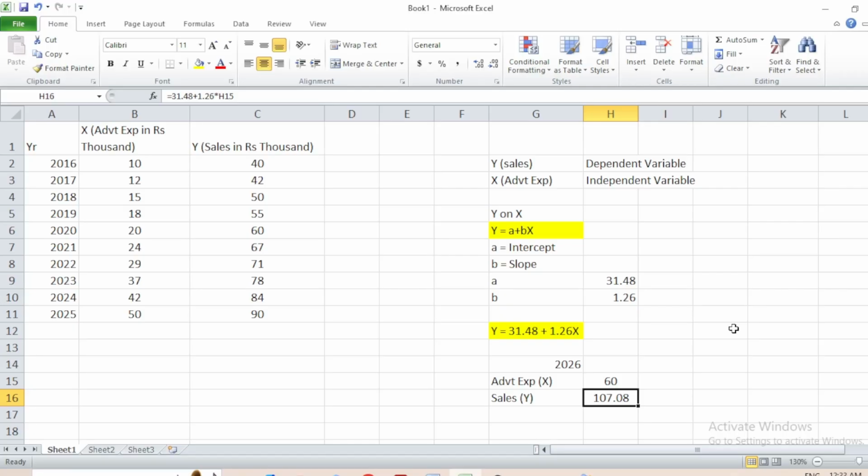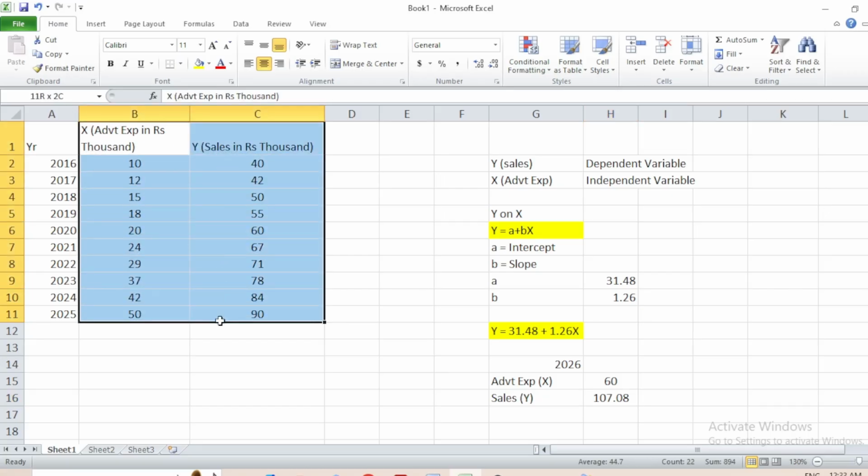Now the question arises, can we do this thing graphically also? Can this regression equation be shown graphically also? The answer is yes.